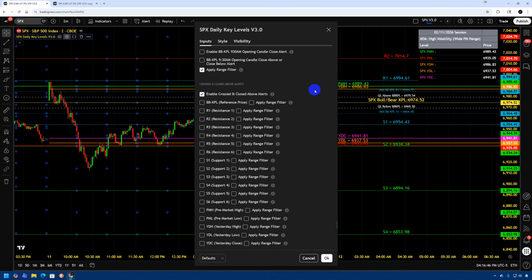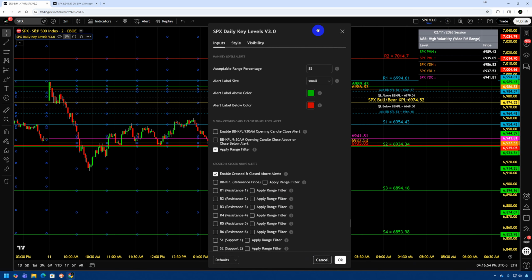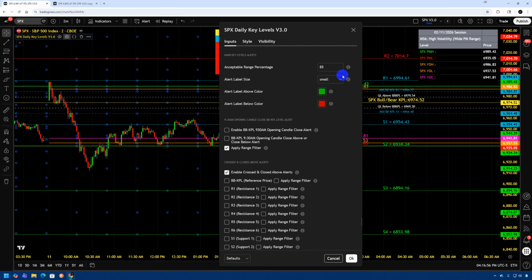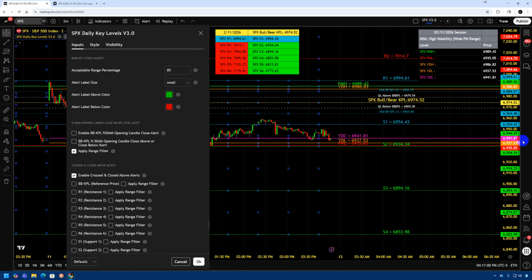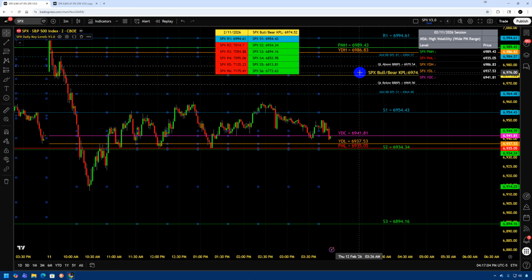Now, one additional note, just to re-clarify this: the acceptable range percentage, whatever it's set to, is based on one base level, the percentage of one base level. What do I mean by one base level?